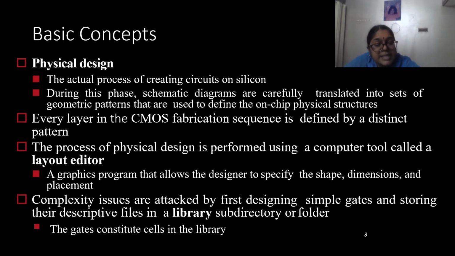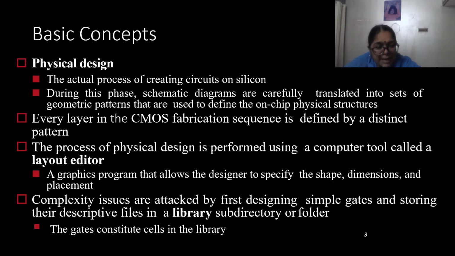Similarly, this half adder which I have designed would be stored back into the library. Next, I can use this half adder to design the full adder. Now, the full adder also would be stored in the library.